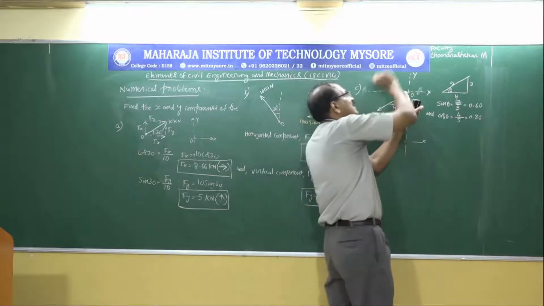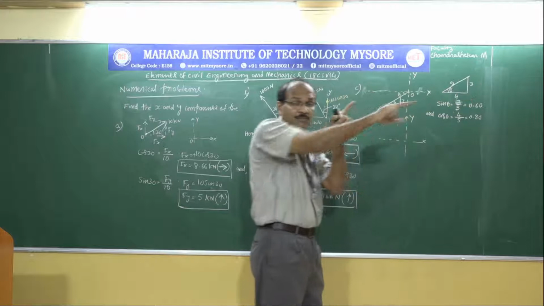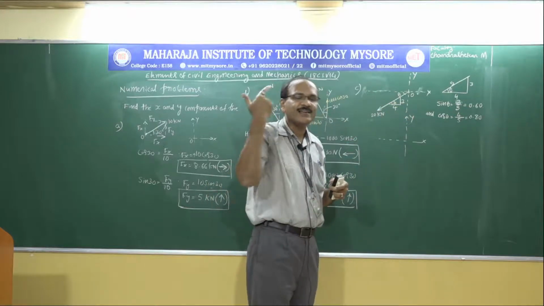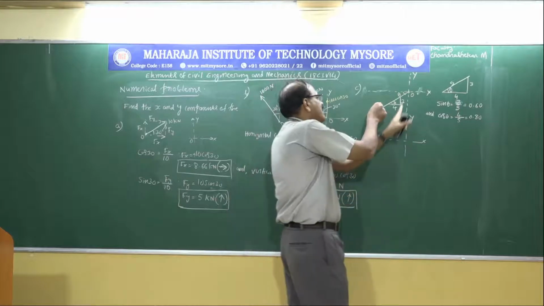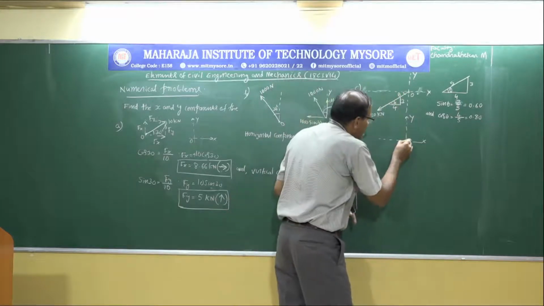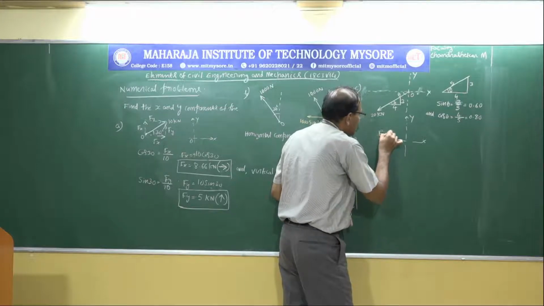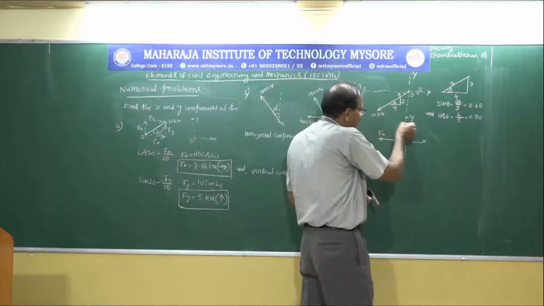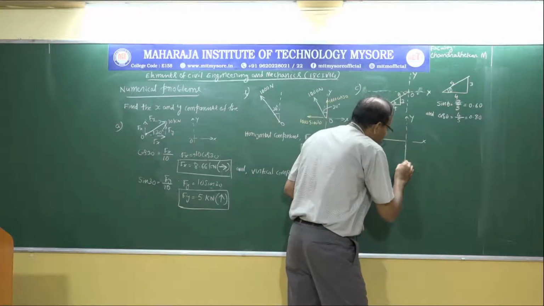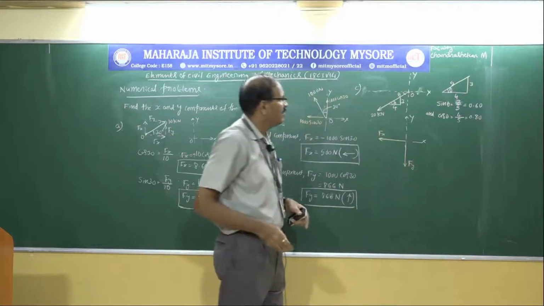Of course, if you turn this way, then the arrow will direct this way, but the angle is more than 90 degrees, which we should not do. So if we turn this way horizontally, then the component force will become like this, Fx. And the vertical component, if you turn this way, this will become Fy.